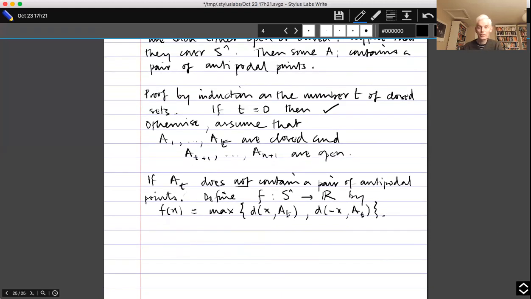Now, AT doesn't contain a pair of antipodal points, so x and minus x can't both belong to AT. So then for all x, because they're closed sets, if you don't belong, then you have a positive distance. So for all x, f of x is greater than 0.